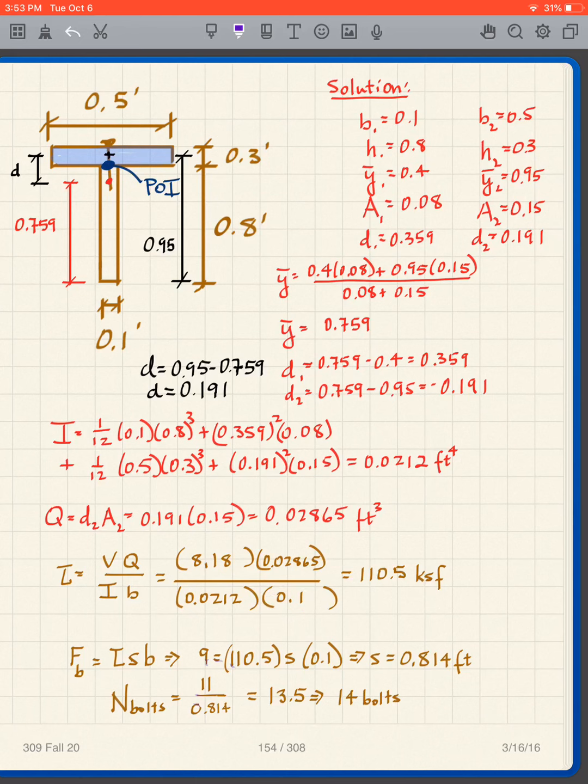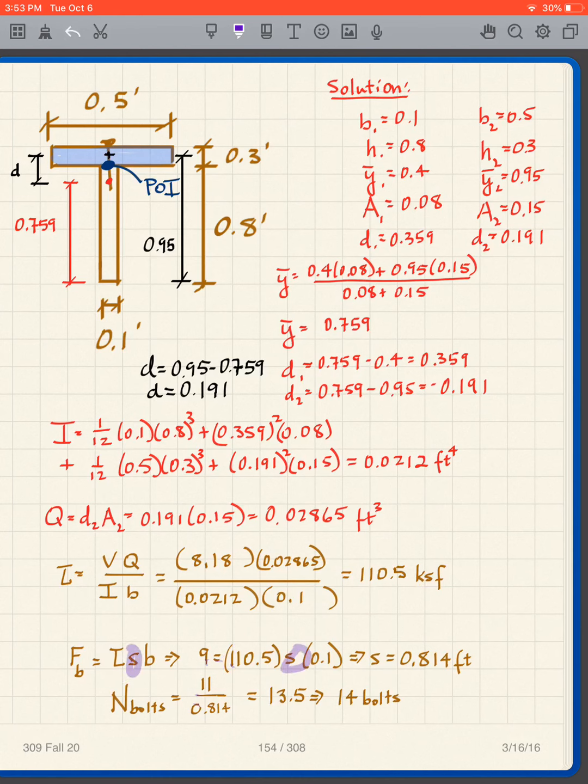So I get my tau at my point of interest, and then I know that FB is equal to tau times S times B. I've been given the 9 for the FB, and it's going to be equal to tau. Tau is 110.5, which we've found there.